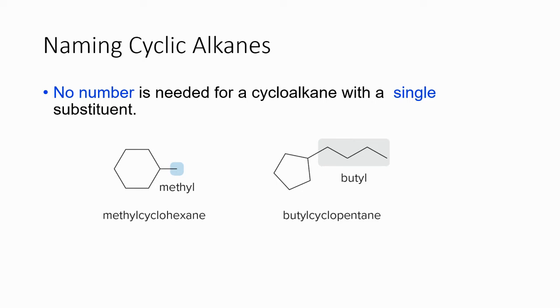It's in a ring, so methylcyclohexane. This one has 1, 2, 3, 4 carbons attached to this parent ring. Our parent ring has 1, 2, 3, 4, 5. So 5 is pentane. So this is butylcyclopentane. And we only have one substituent group, so we don't need a number to tell you where it is.